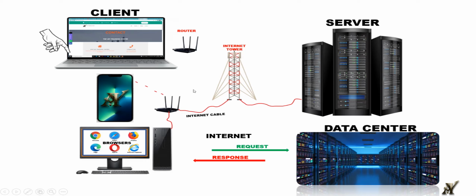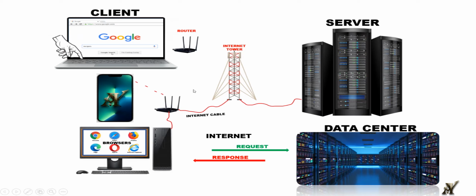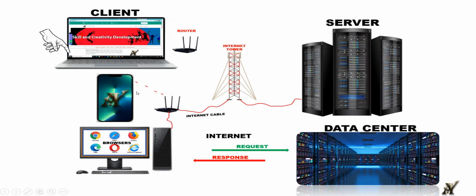If I tap AYI, then it goes and picks up the information. So when I press, I make a request. It went to look for the web address on the server, because there is so much information inside here. So each piece of information has its own address. That's what you call a link, a URL, or a domain.